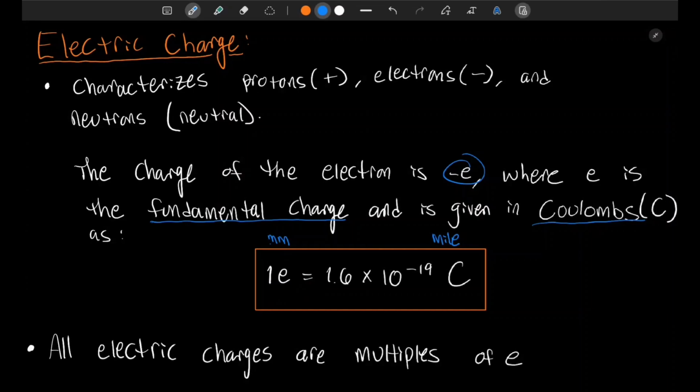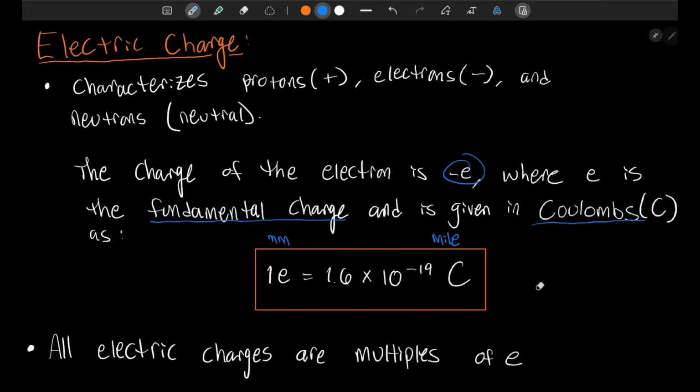And for the contents of this course, all electrical charges that we will see are multiples of E. So you'll never have something like, an object has 50.5 E. That's not something that will happen.